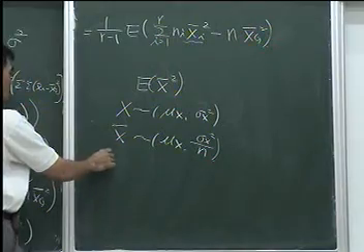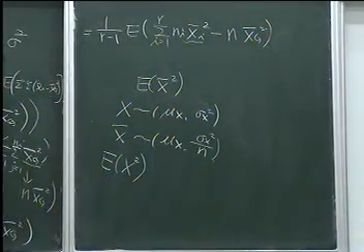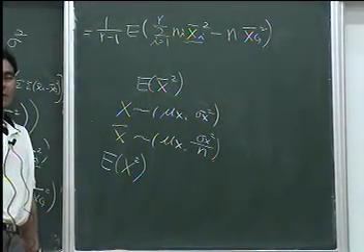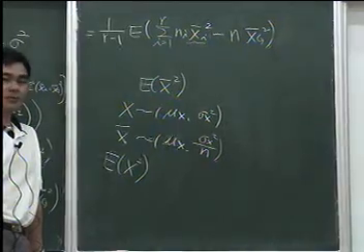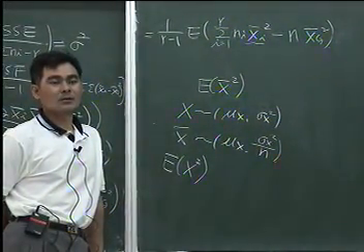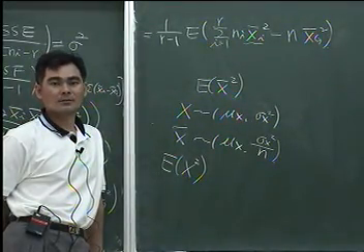Can anyone tell me what is the expectation of x squared? It will be in the final. So what is this equal to? It is equal to two parts.